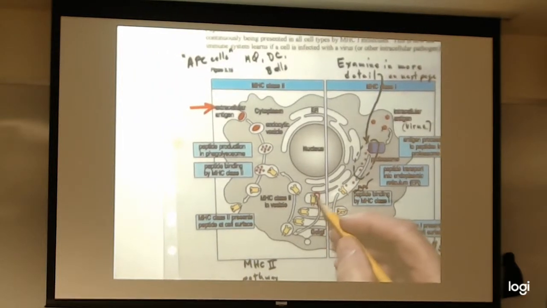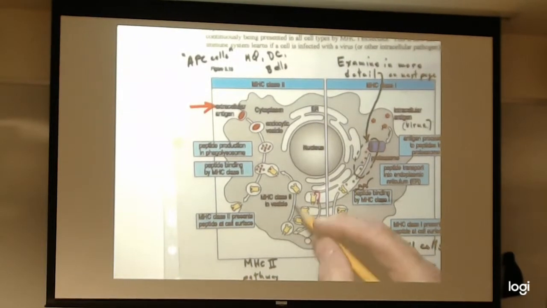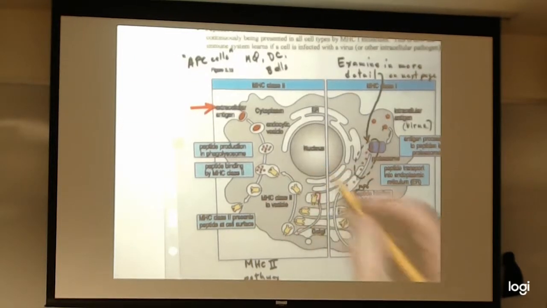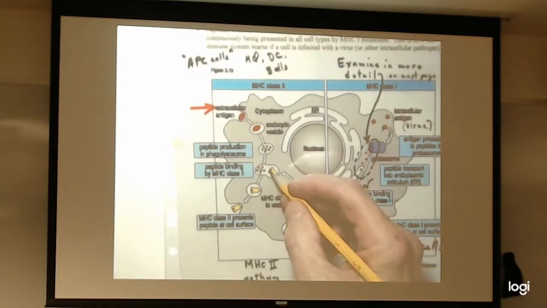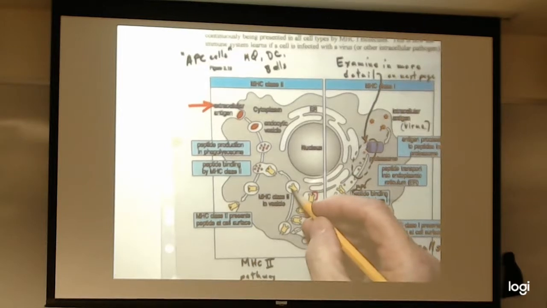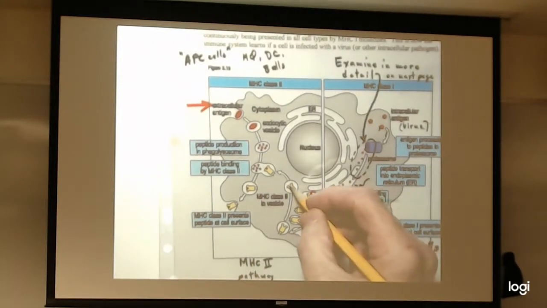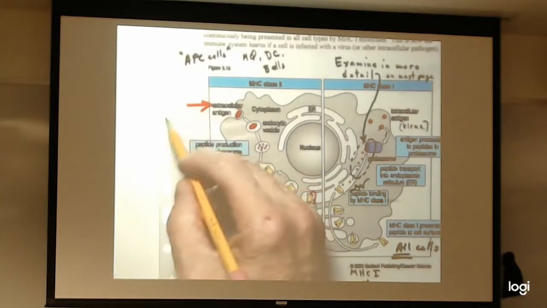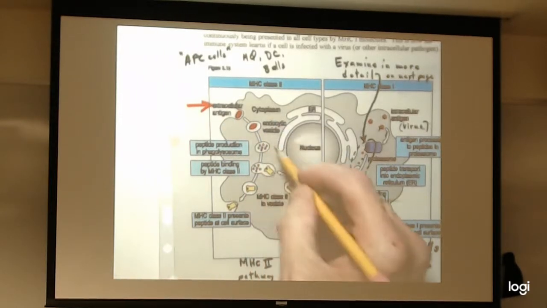At some point we degrade the II chain, but we leave the little umbrella handle of it in the groove here, and then the vesicle containing the newly made class 2, up till now its peptide binding site blocked, will now fuse with the phagosome, and here's extracellular antigen coming in, being degraded into peptides.